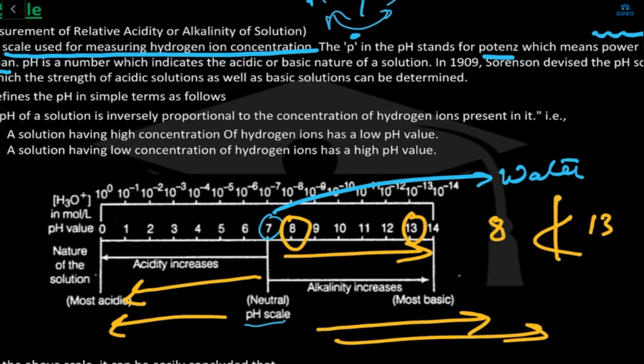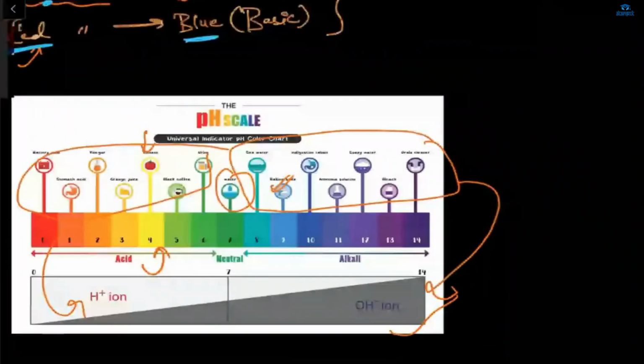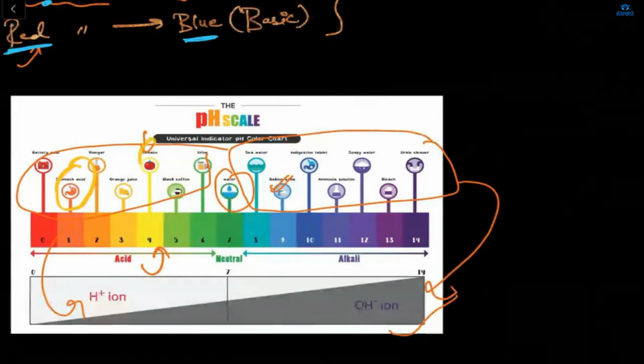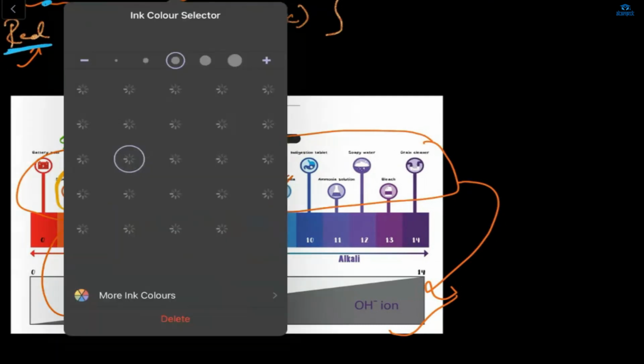Now, if we look at this one, on this side are your stomach acid and your tomato. Which is more acidic over here, stomach acid or tomato? Stomach acid.